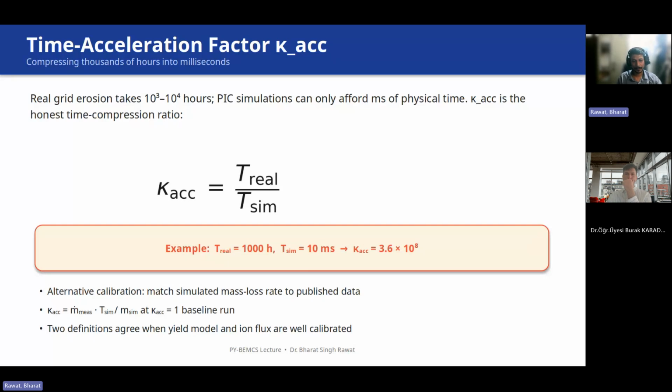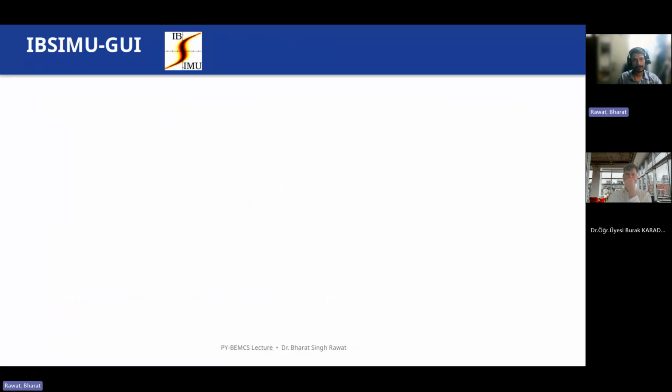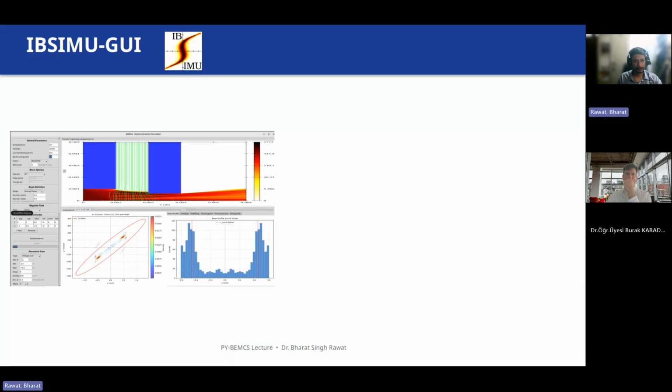And then there is another code which is called IBSIMU-GUI. This is based on IBSIMU, which is a very well-known code for ion optics design. What I've done is made a very nice graphical user interface in which you can do the same thing as you have done in PY-BEMCS, and it gives you the same kind of results.